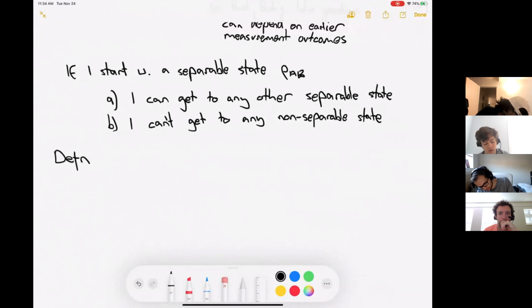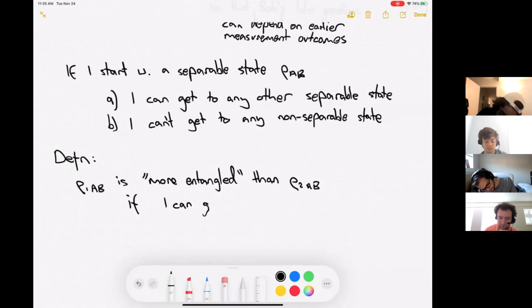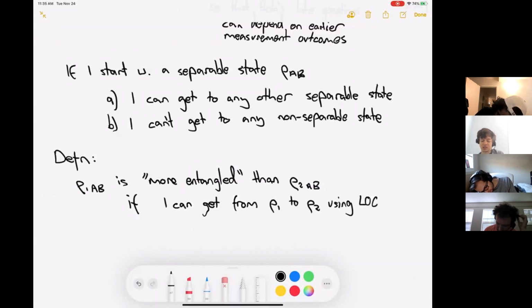And we can now make the following definition. Some state rho 1, on bipartite system AB, is more entangled than rho 2 if I can get from rho 1 to rho 2 using just local operations and classical communication.